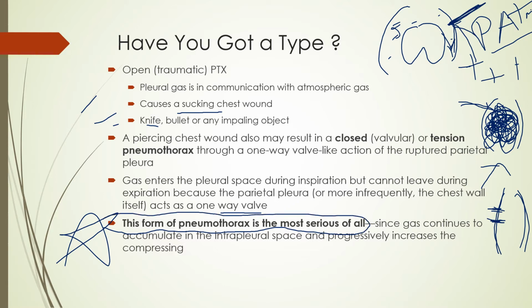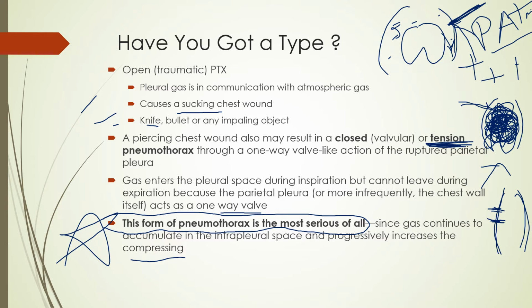So this is the most serious form of all when it creates that one-way valve, because that gas will continue to accumulate. When it does this, instead of just reaching equilibrium, right, remember this one would have an increase in your AP diameter and have a greater chance at compressing your great vessels and causing a tension pneumothorax, right? So that's one of your big things.